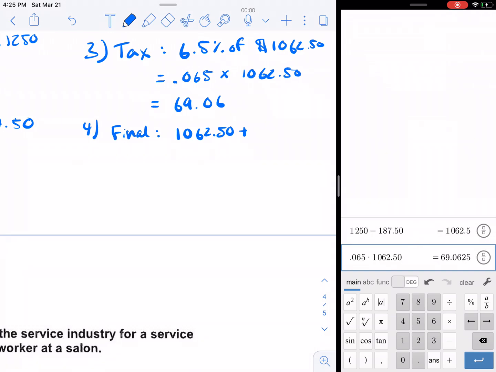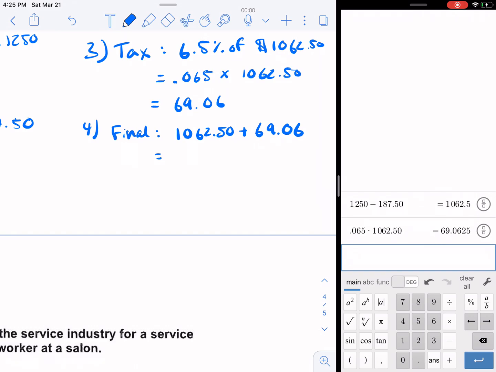I'm going to add the tax, which is $69.06. Add those two together. We have 1,062.50. I'm going to add $69.06. And you have $1,131.56.